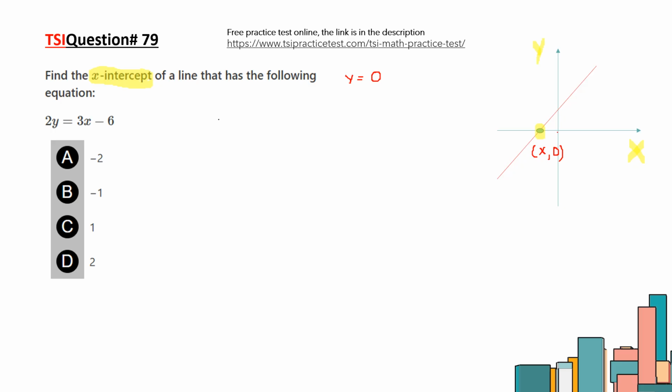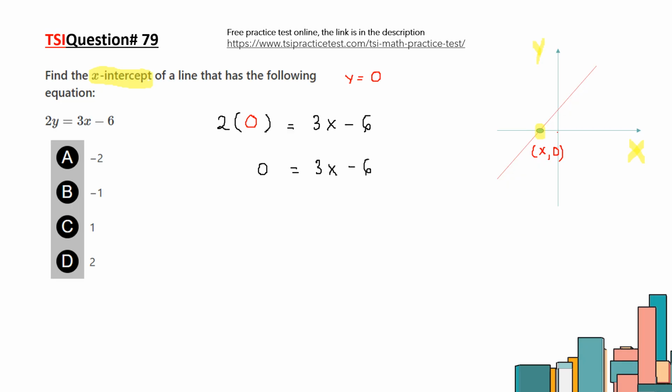So let's copy that down again. We have 2y equals 3x minus 6, and y is equal to 0 because of the keyword x-intercept. Anything multiplied by 0 is 0. So we have 3x minus 6.